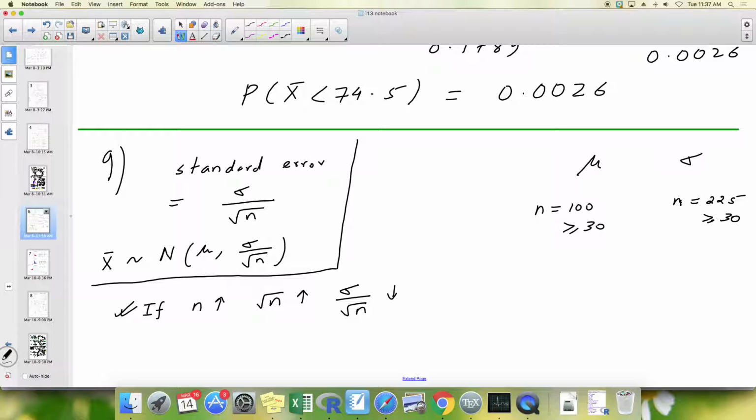So obviously n equals 225 has smaller standard error.